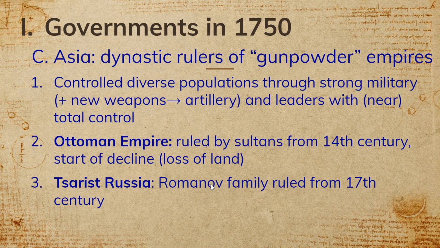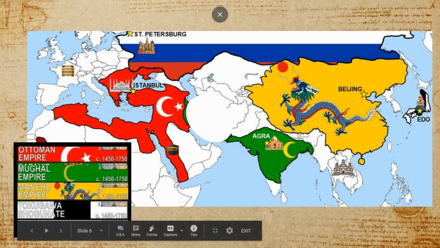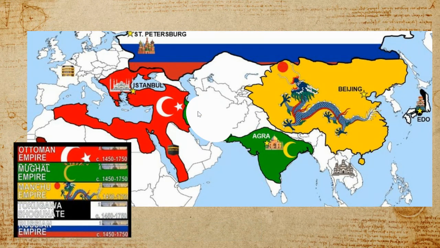I'm going to flip forward just so we can see the slide real fast. So some of the areas we're talking about, and we're talking about all of Asia here, which is pretty big. We're looking at the Ottoman Empire that spreads throughout what we know now as the Middle East. At their height, they're actually all the way up in Eastern Europe, as well as across Northern Africa. We're looking at the Russian Empire under the Romanovs that starts in the 17th century.